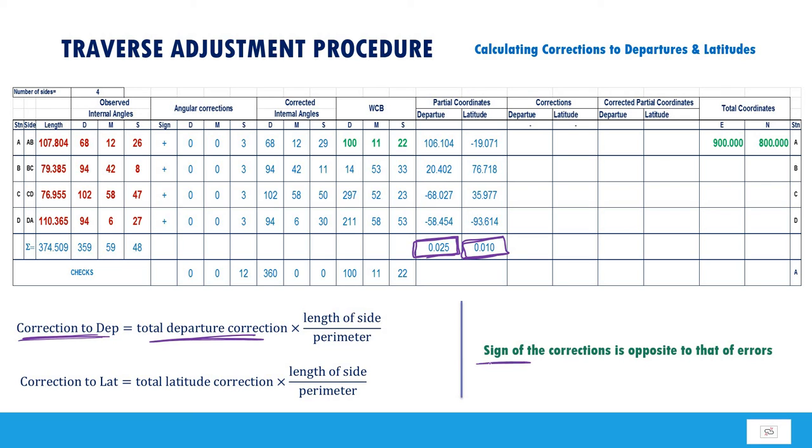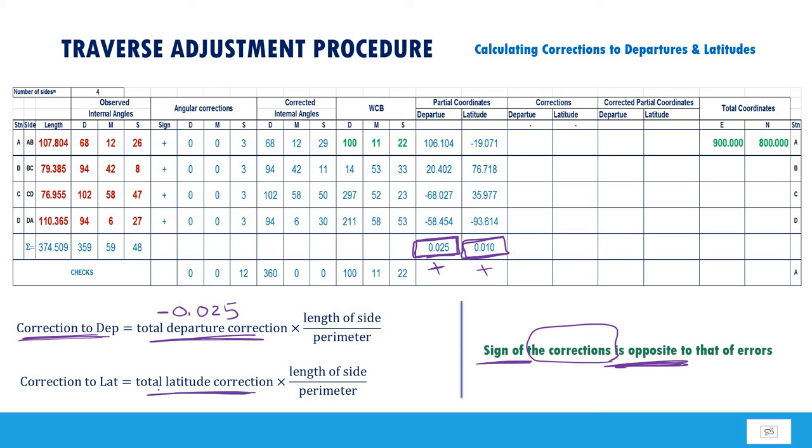And don't forget, the sign of the corrections is opposite to that of the errors. Here this error is positive and this error is positive, so the signs of the corrections should be negative. The total error is 0.025 for the departure, so the total correction would be minus 0.025, the same value as the error but with the opposite sign.